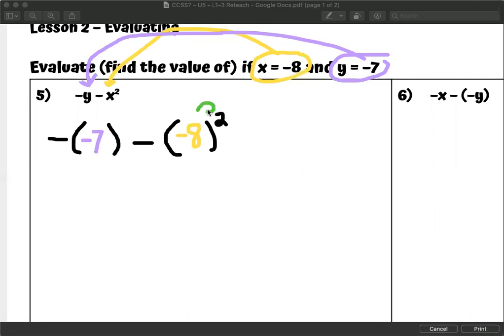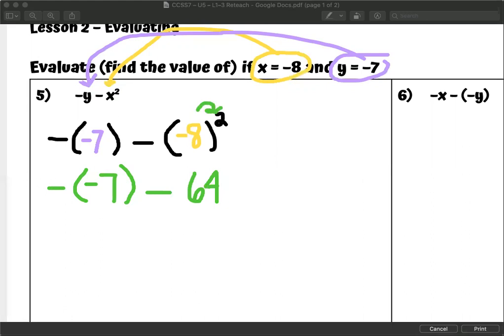So we're doing -8 squared. -8 times -8 is +64. Then I'm bringing everything else down. Minus -7 minus 64. A lot of people want to combine this minus with the x right away, but that technically is subtraction or multiplication. You could see it as we need to do this exponent first.